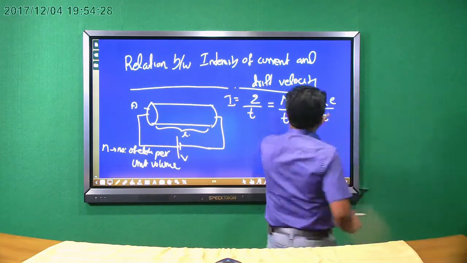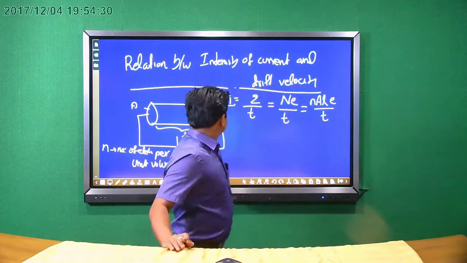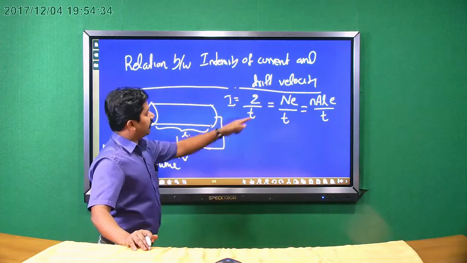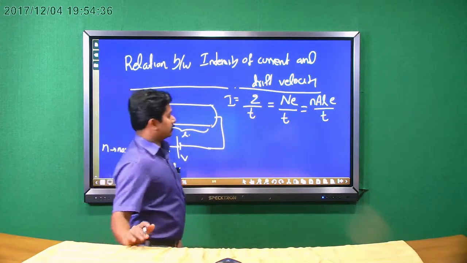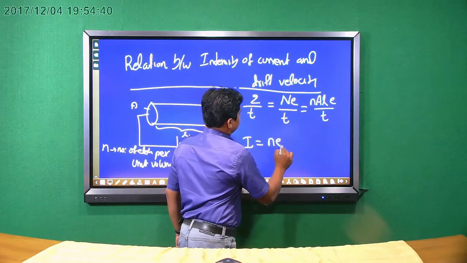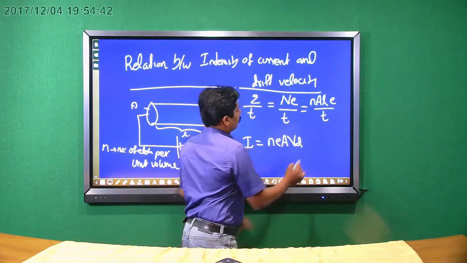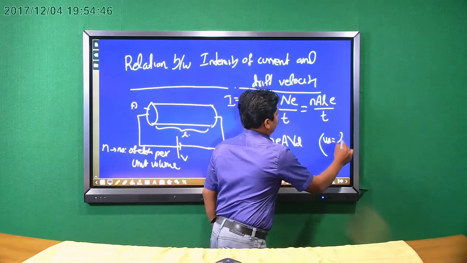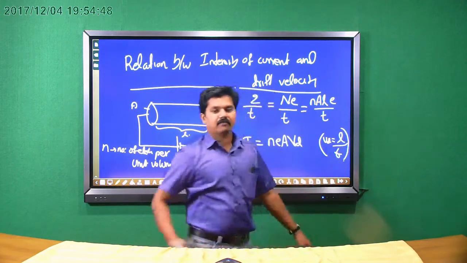Okay, but L by t is the distance traveled by the charged particle, or the electron, in unit time. So L by t will be equal to the drift velocity. So we can write I equal to n e A Vd, where Vd equals L by t, that is distance traveled by the time taken.